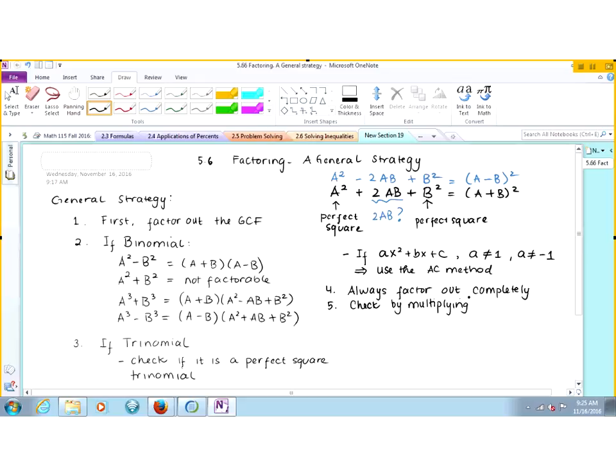Oh, what about if it has 4 terms? Sorry, I forgot here. This is supposed to be number 4. If 4 terms, what happens? We use grouping, right? Yeah, use grouping. So I just added this one. I totally forgot. Sorry. And then this is number 5, and this is number 6.